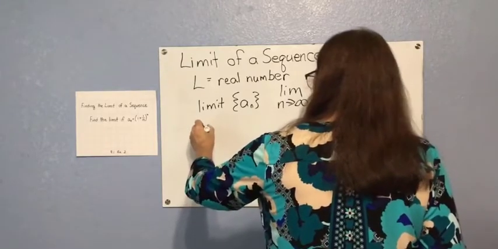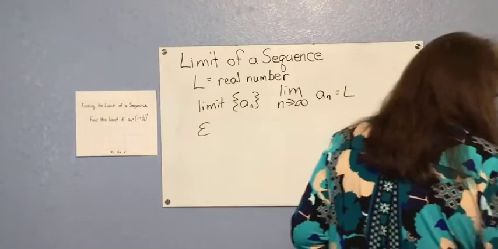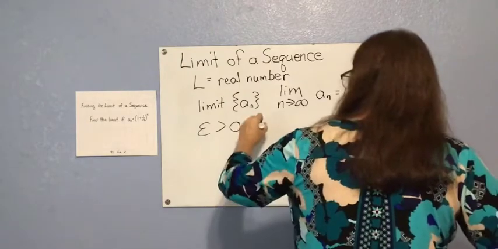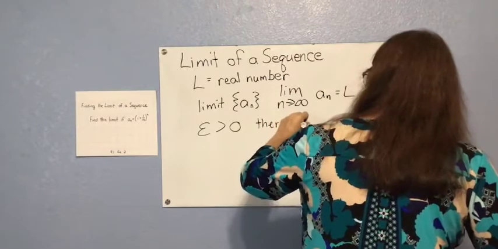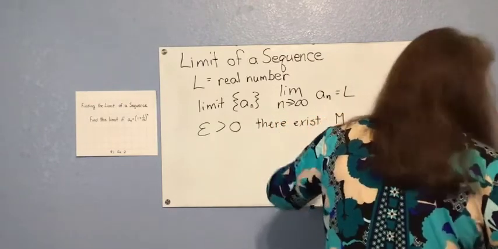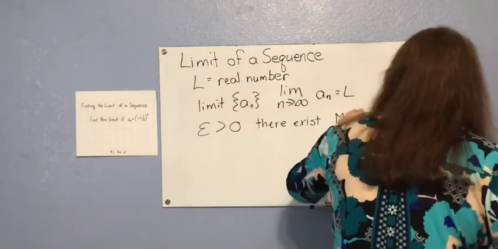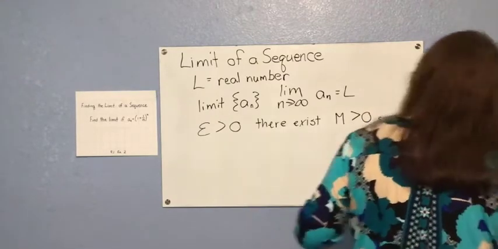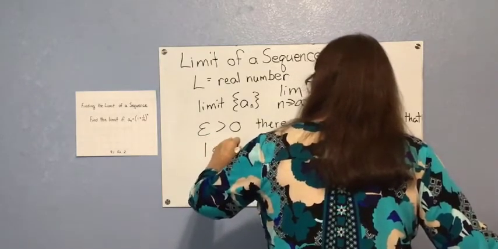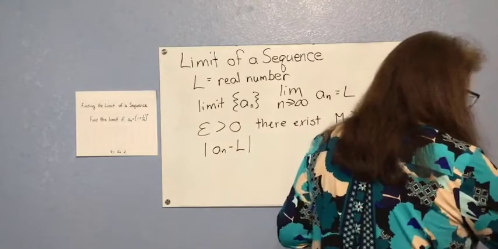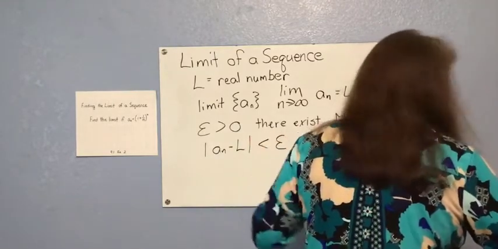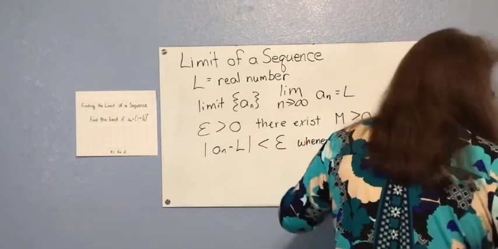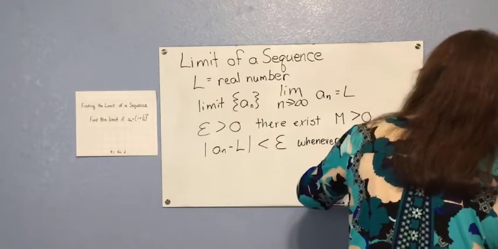If for each epsilon greater than 0, there exists some m greater than 0 such that the absolute value of A sub n minus L is less than epsilon whenever n is greater than m.